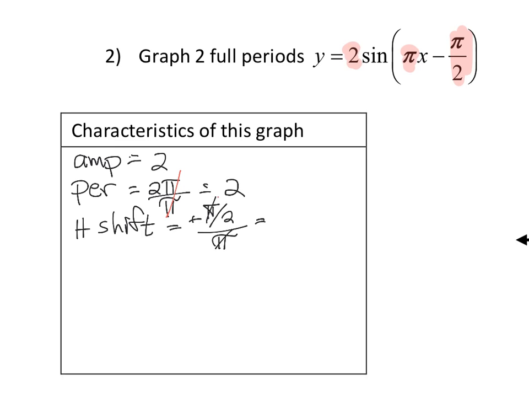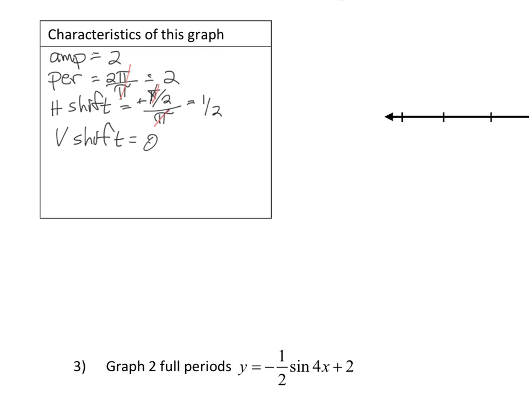Let me change to red for the crossing out. And that's going to leave me with just 1/2. And my vertical shift is 0. And it's not rotated.